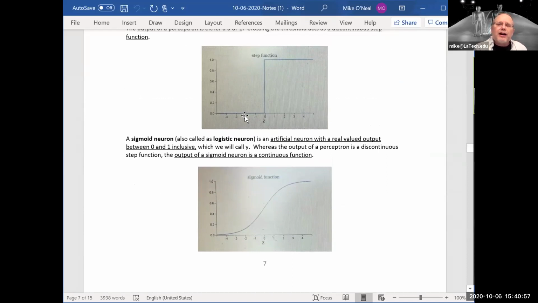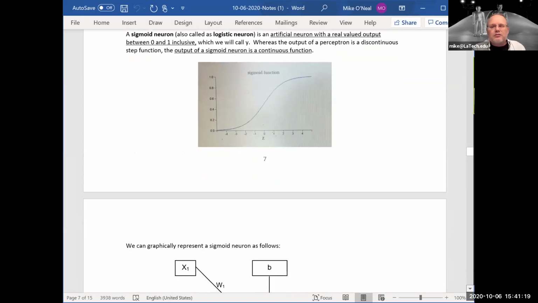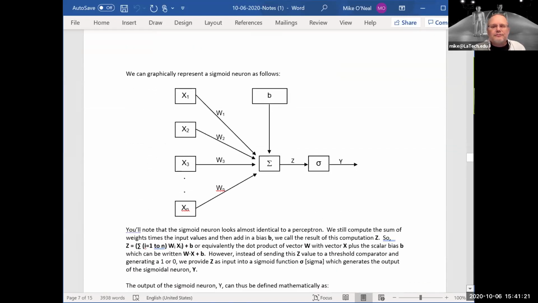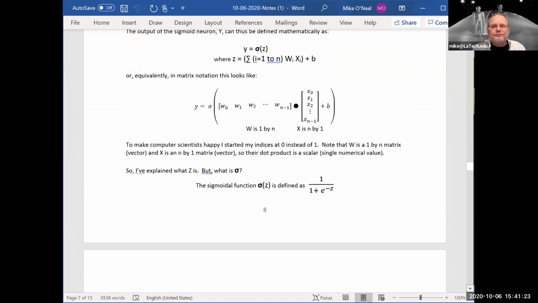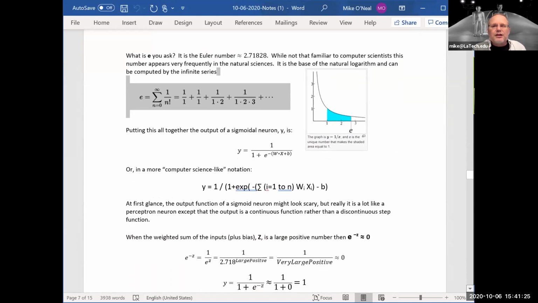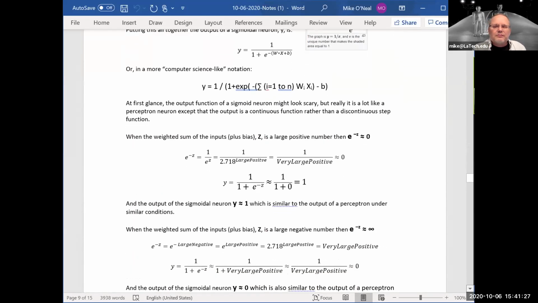The only difference being that the perceptron is a step function that's discontinuous, and here with the sigmoid, we've now gotten rid of this discontinuity, and there's a smooth transition between very nearly 0 and very nearly 1, and this occurs right around our threshold. Does that make some sense?